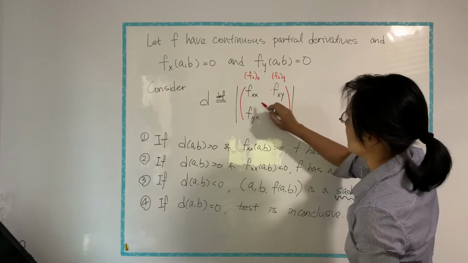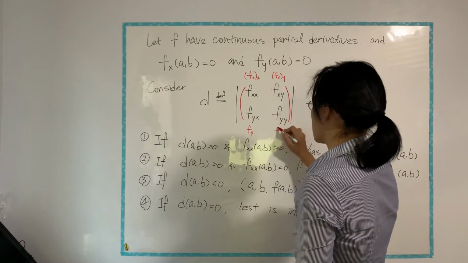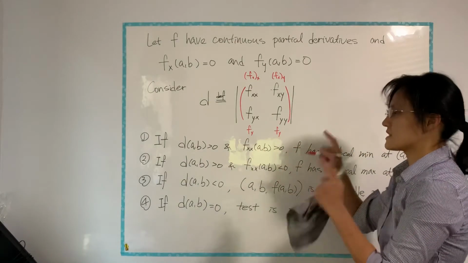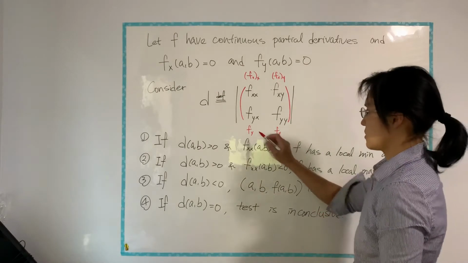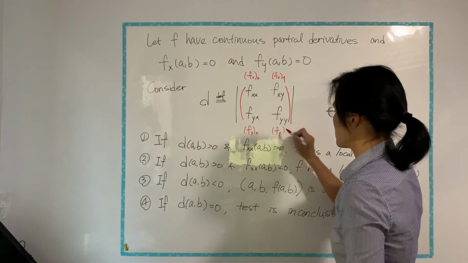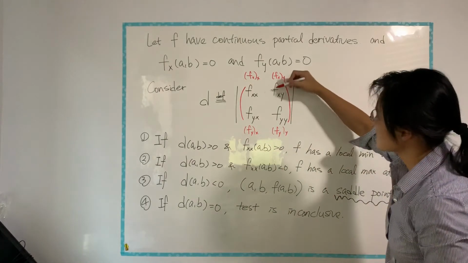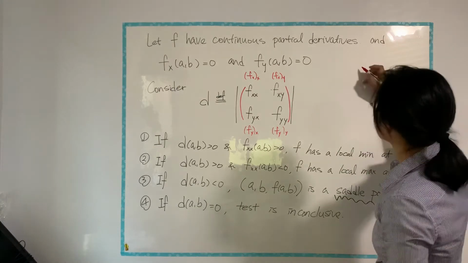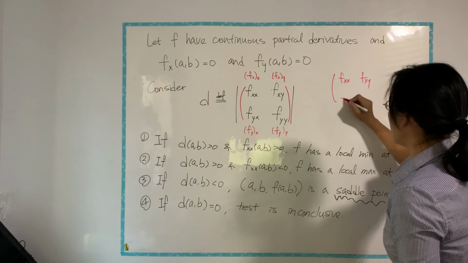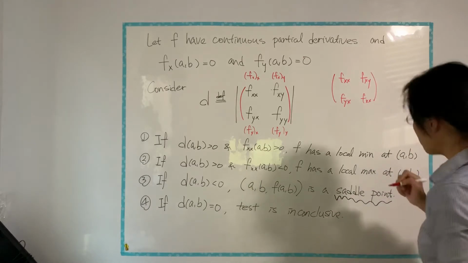The second row is the derivatives of the second first derivative, f_y, again with respect to x and y. So this is a 2 by 2 matrix: f_xx, f_xy, f_yx, f_yy.